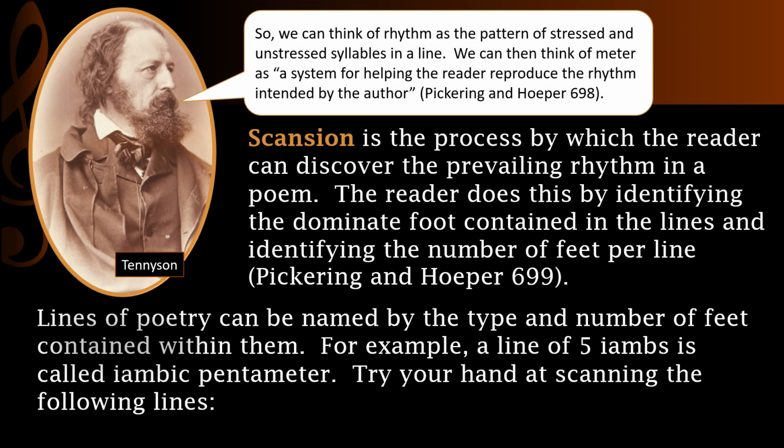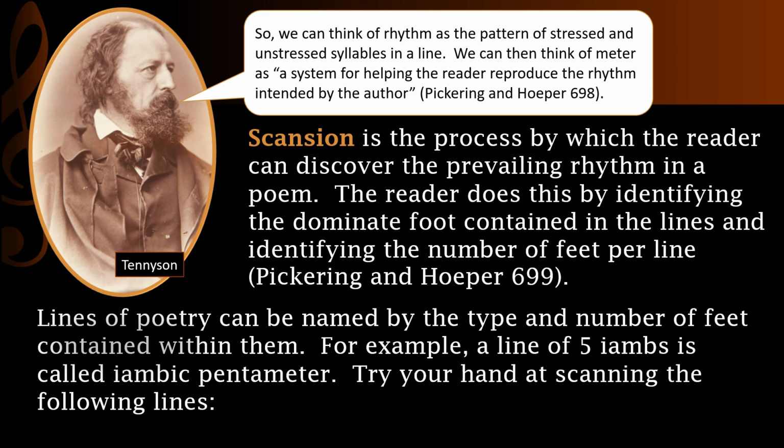We can think of rhythm as the pattern of stressed and unstressed syllables in a line, and we can think of meter as a system for helping the reader reproduce the rhythm intended by the author. Scansion, then, is the process by which the reader can discover the prevailing rhythm in a poem.